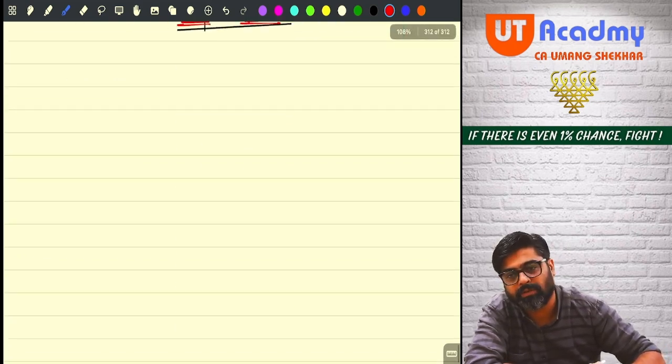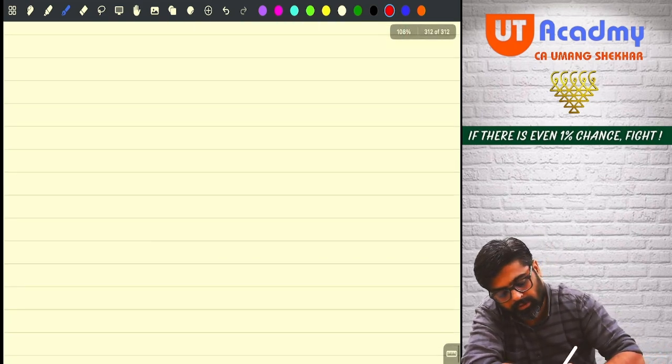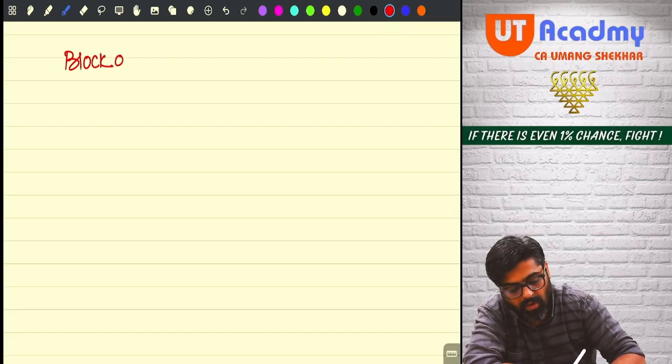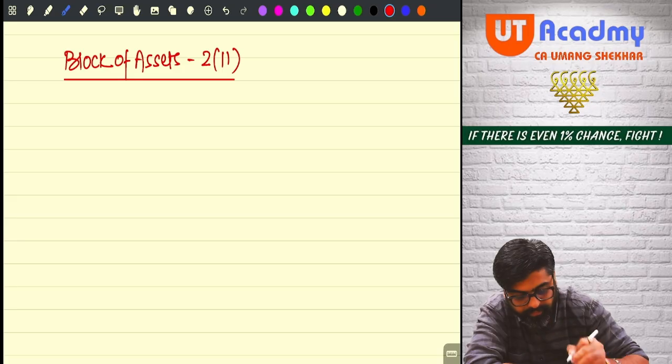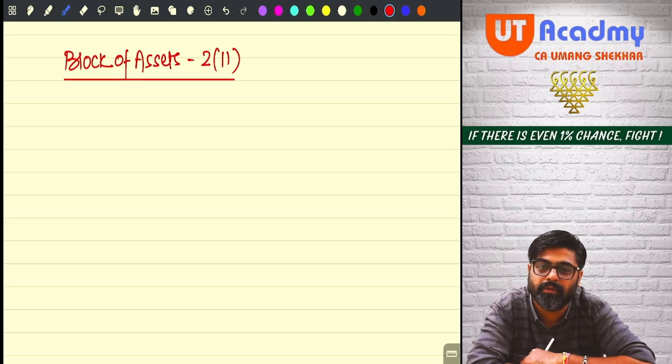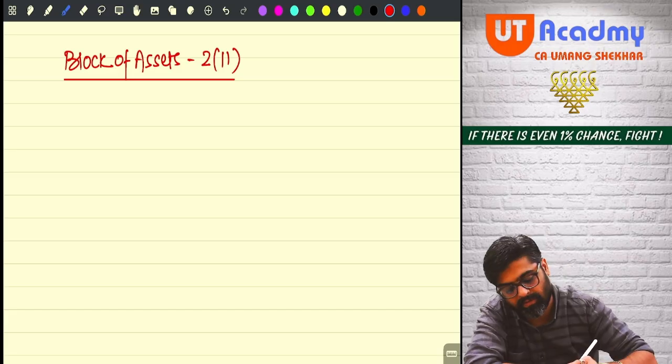So first things first. What is block? Block of assets. The definition is given in section 2 subsection 11. So block of assets is defined under section 2 subsection 11.